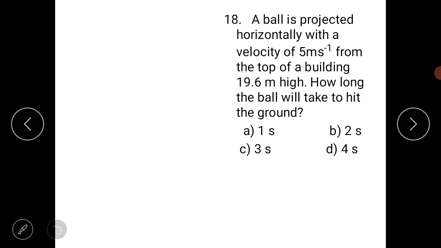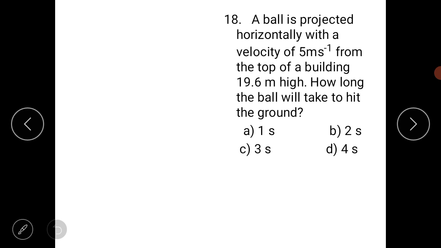Here you should note that the horizontal velocity is there, but the initial vertical velocity is 0. So 19.6 meter is the vertical displacement.